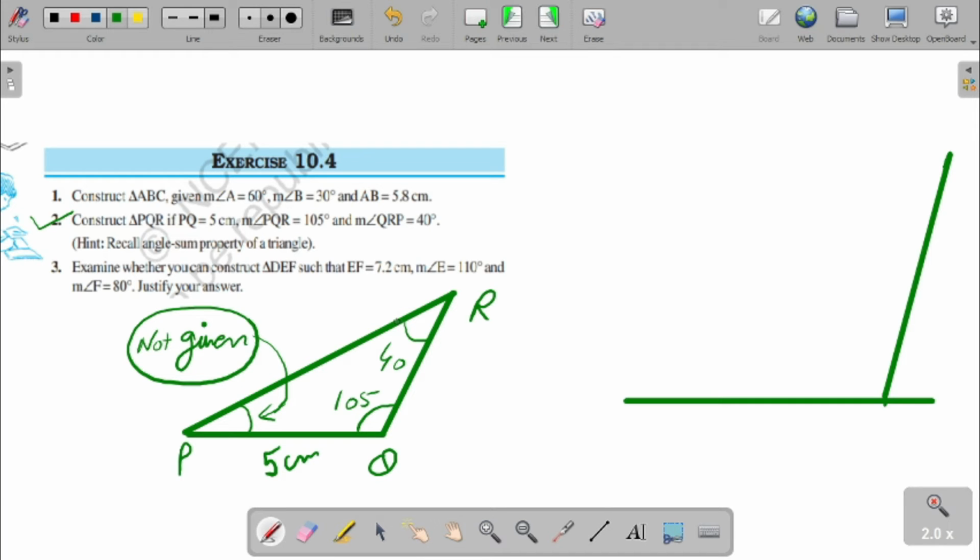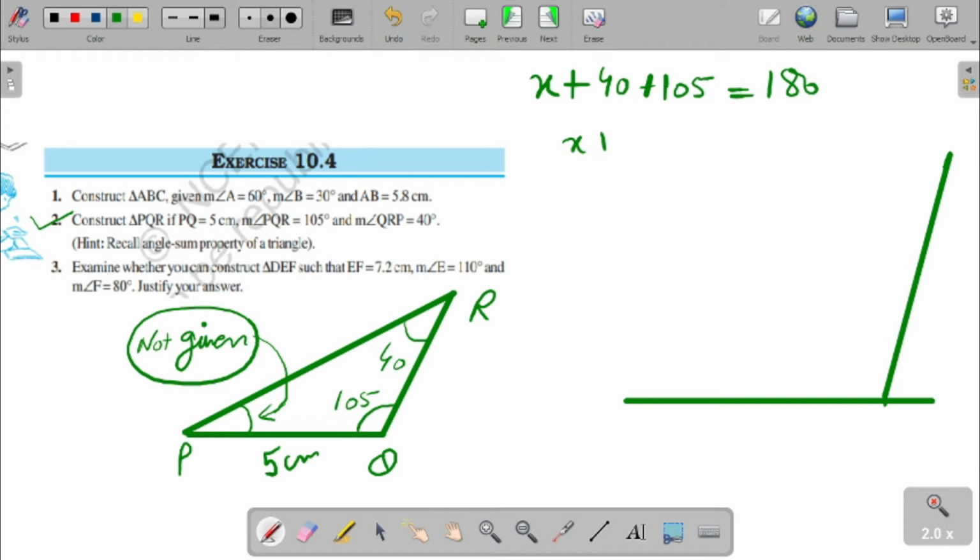As we know, the sum of these three angles is 180. Let it be x. So x plus 40 plus 50 plus 105 equals 180.